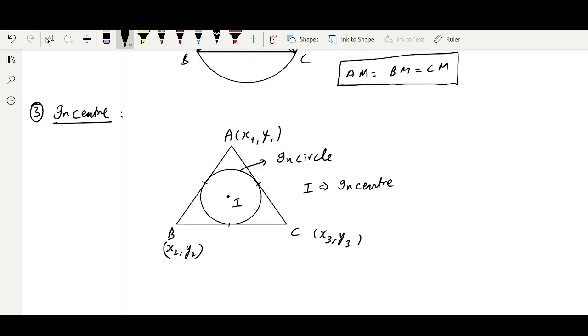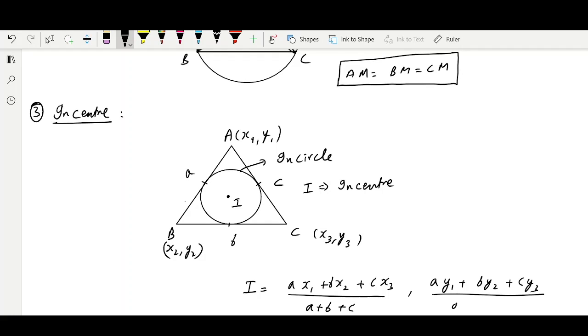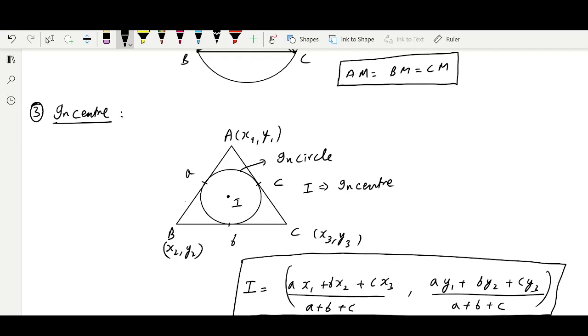The distance AB is c, BC is a, AC is b. Then the incentre coordinates are given by (a x1 plus b x2 plus c x3) divided by (a plus b plus c), comma, (a y1 plus b y2 plus c y3) divided by (a plus b plus c). So this is how the coordinates of the incentre are found out.